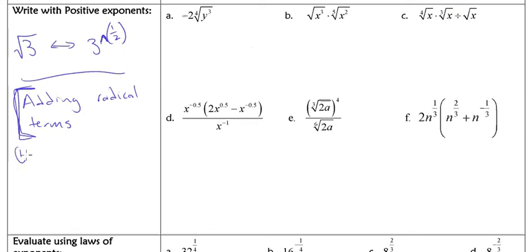So the rules to check through are, one, do they have the same index, which means the root number, like 3 right here is the index, and 6 over here is the index. It's which root you're dealing with. So they have to have the same index. That's part 1. 2, they have to have the same radicand, which is the number inside.